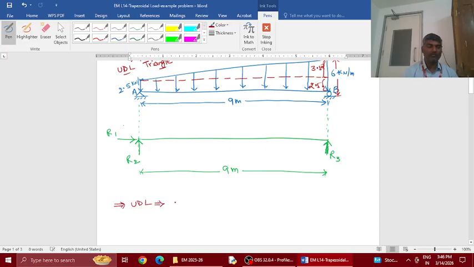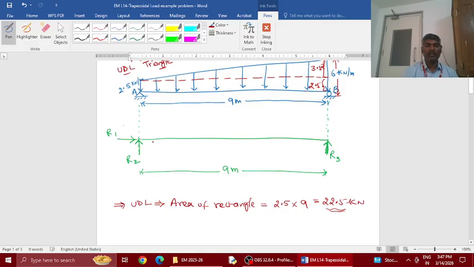The total force will be the area of the rectangle, which is 2.5 times 9, which comes to 22.5 kilonewton. Now the UDL is converted to a point force.